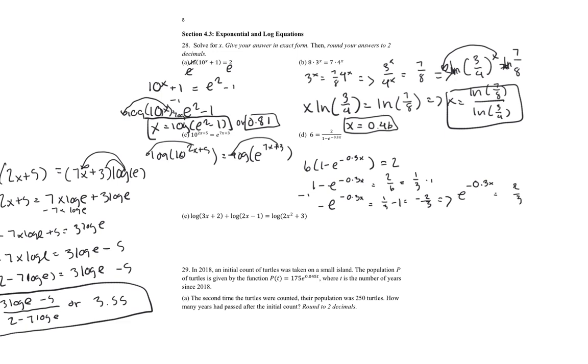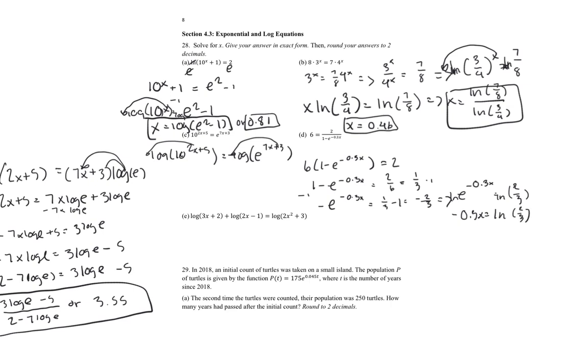And then we can take the natural log of both sides, right? So then we'll have natural log of e to the negative 0.3x is equal to natural log of 2/3. Since it's in the exponent, we can bring that negative 0.3x out, and the natural log and e will cancel. So then we'll have negative 0.3x is equal to natural log of 2/3.